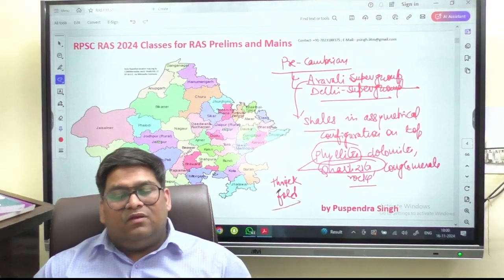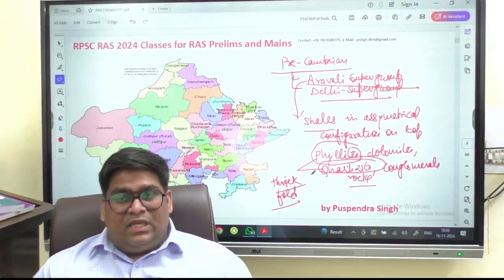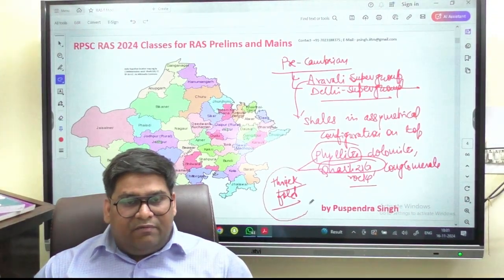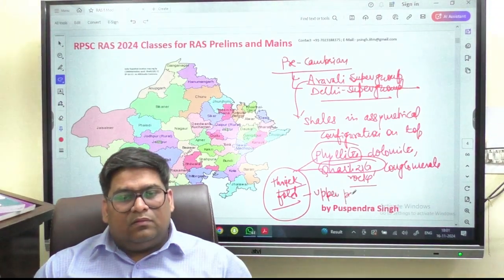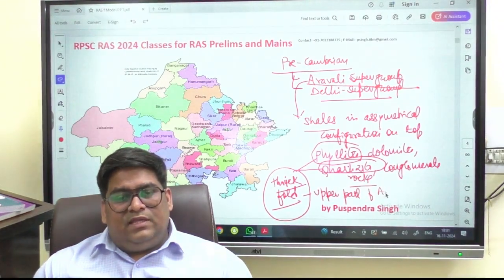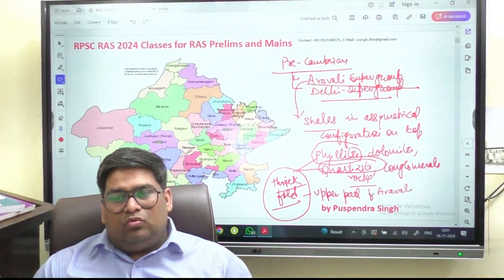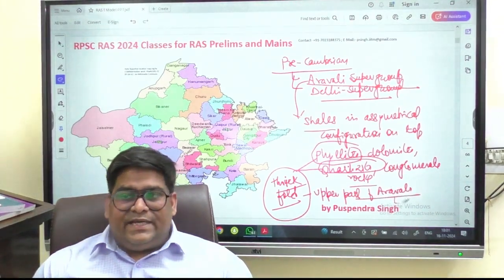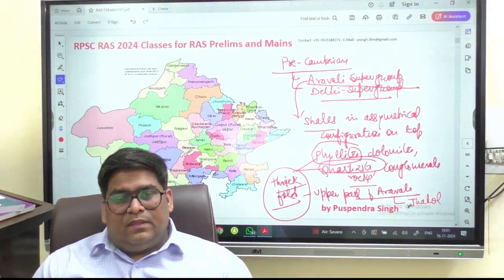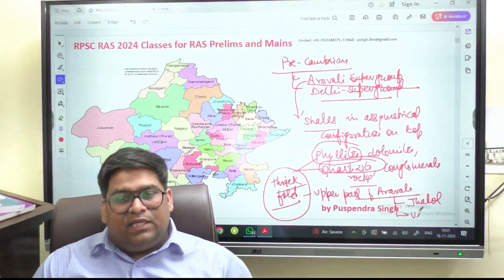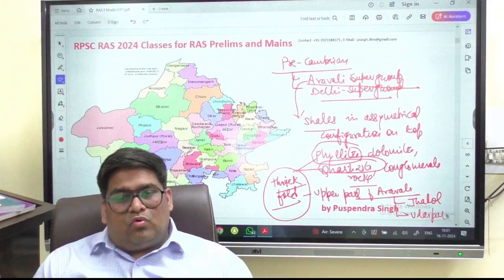Upper part of Aravalli. Now again you can divide this upper part of Aravalli into two groups. One is called the Jadol group and the second is the Udaipur group.